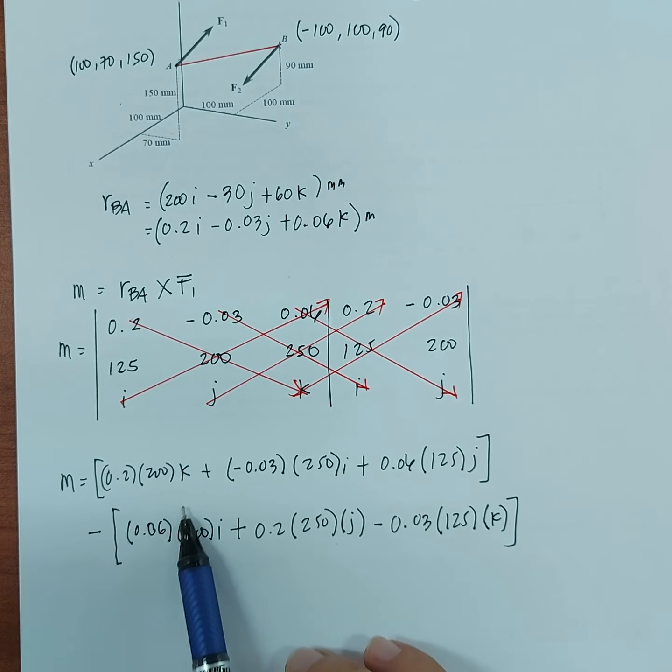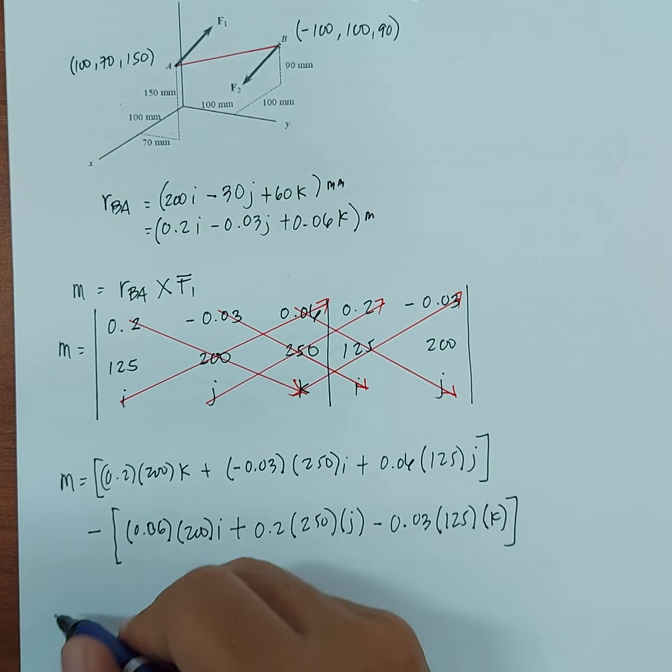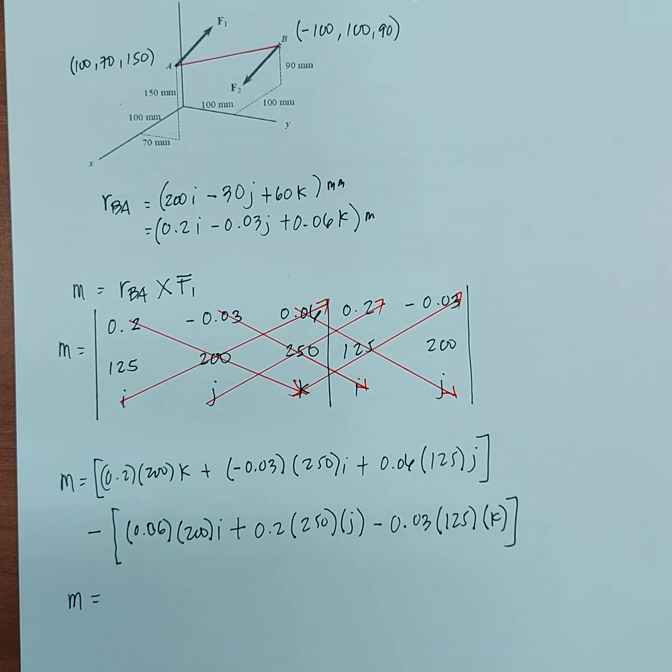So, join lang yung mga I, J, K. Combine lang tayo. Lahat ng I, add. Lahat ng J, mag-add. Then lahat ng K, i-add natin.